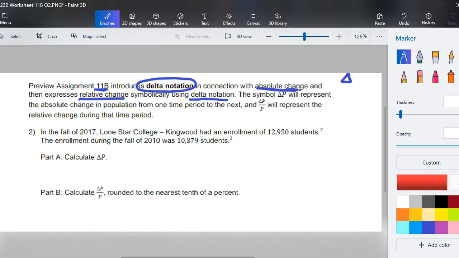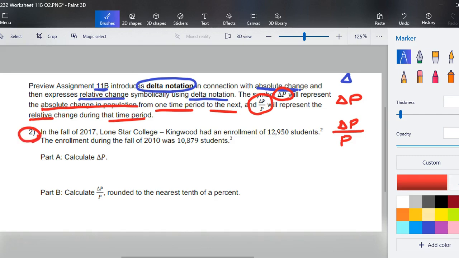This symbol, delta P, the change in P, like the change in a population, is going to represent the absolute change in population from one time period to the next. Then delta P divided by the original or starting population is going to represent the relative change during that time period. So take what you already know about absolute change and relative change, let's manipulate it a little bit with a new set of symbols and go to question 2.